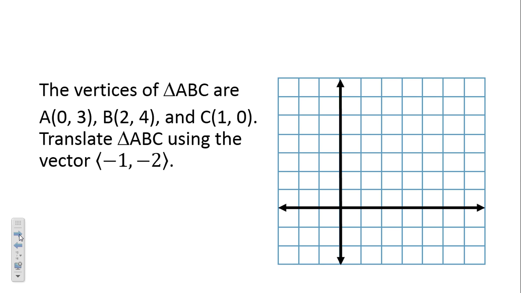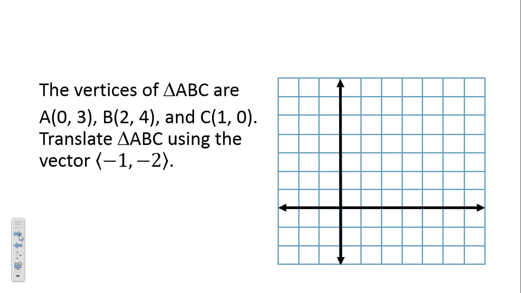Once you have them, I want you to translate triangle ABC using the vector -1, -2. So plot those 3 points. You're going to have to put an axis there because there's not one there. Okay. Perfect.